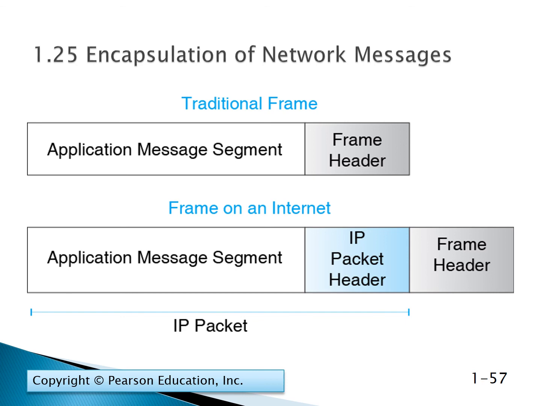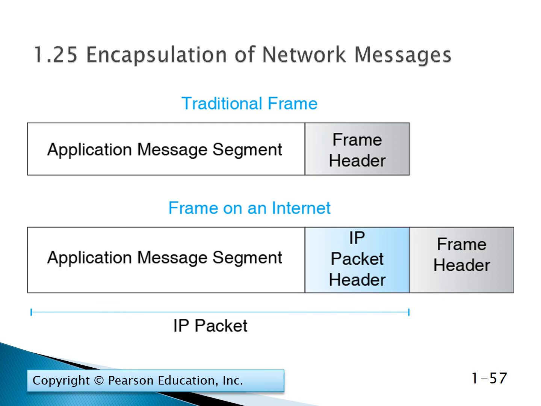And then also for some terminology for this part, the application message plus the IP header, we call it the IP packet. But when you also add the frame header together, we call it the frame. In other words, both frames and packets are terms for messages that have been encapsulated.